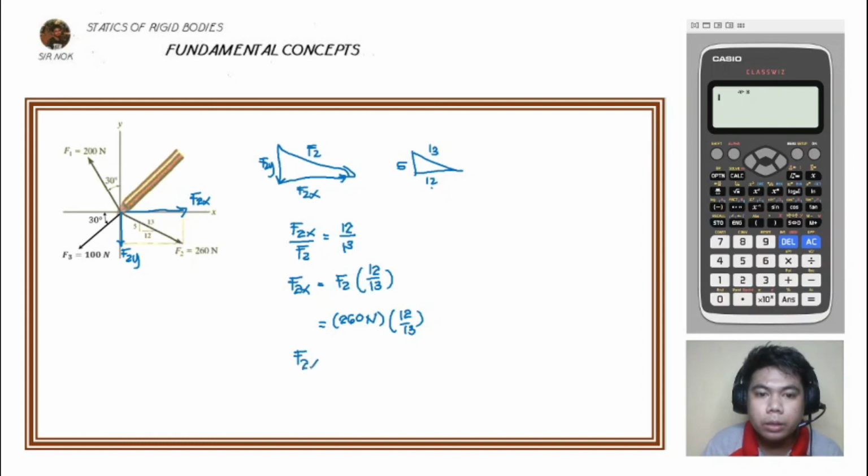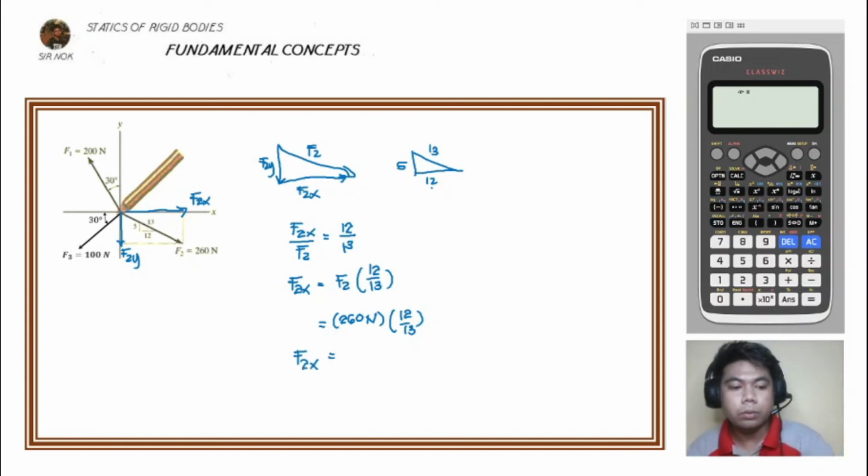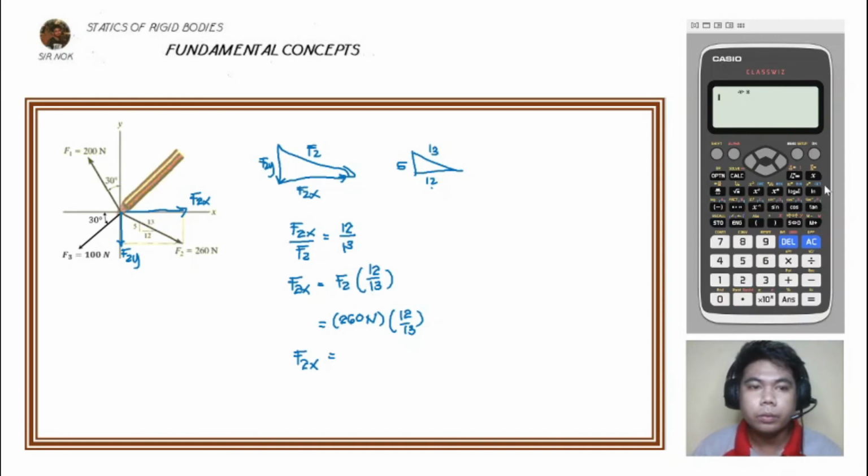So F2x is equal to 240 newtons. So positive, the force is to the right.